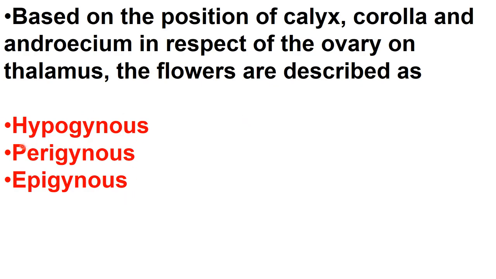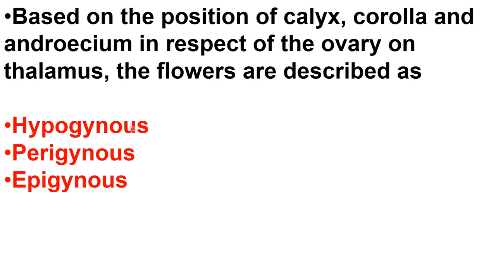Okay, so first is hypogynous flower, second is perigynous flower, and third is epigynous flower. So you can say these are three types of flower based on the position of ovary with respect to other floral roles, and those other floral roles are calyx, corolla and androecium, right?